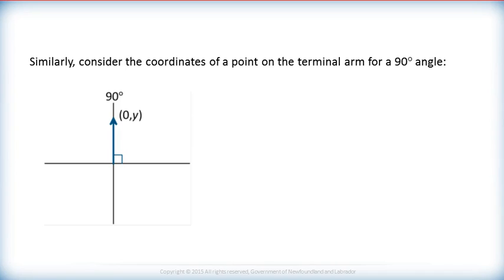Moving along to our 90-degree angle. This time the y coordinate is unknown. The x coordinate has to be 0, so r equals y in this case. Cosine of 90 degrees, therefore, is equal to the x value over the r value, which is 0 over r, which is 0.